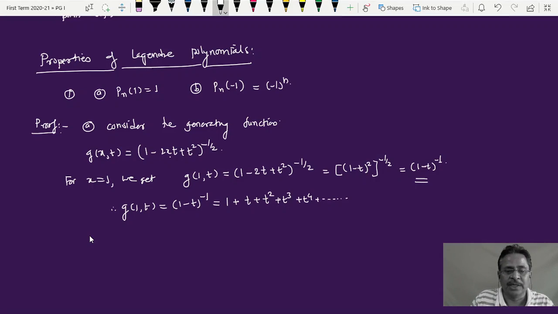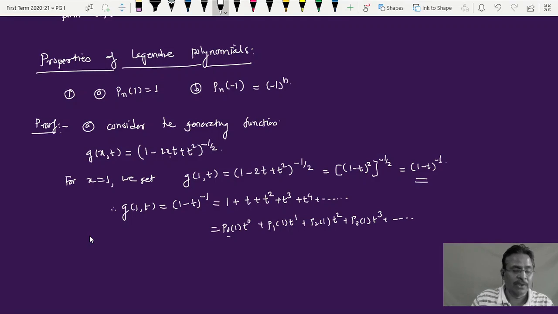Now I can write this as p0 of 1 into t raised to 0 plus p1 of 1 into t raised to 1 plus p2 of 1 into t raised to 2 plus p3 of 1 into t raised to 3 and so on. Comparing, p0 of 1 is 1, p1 of 1 is 1, p2 of 1 is also 1, p3 of 1 is also 1 and likewise.